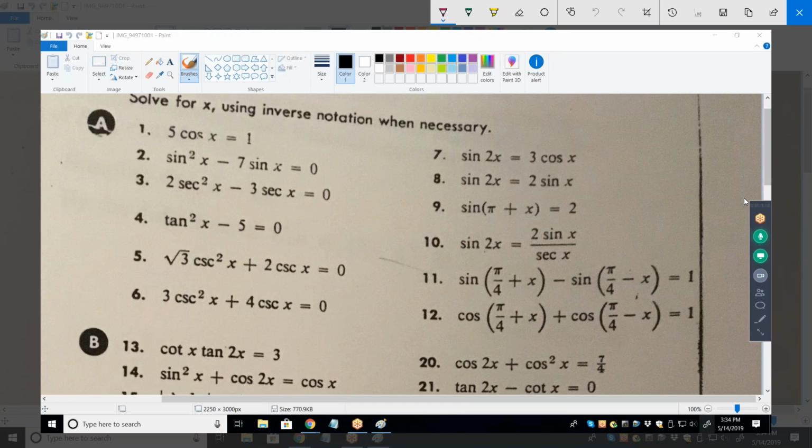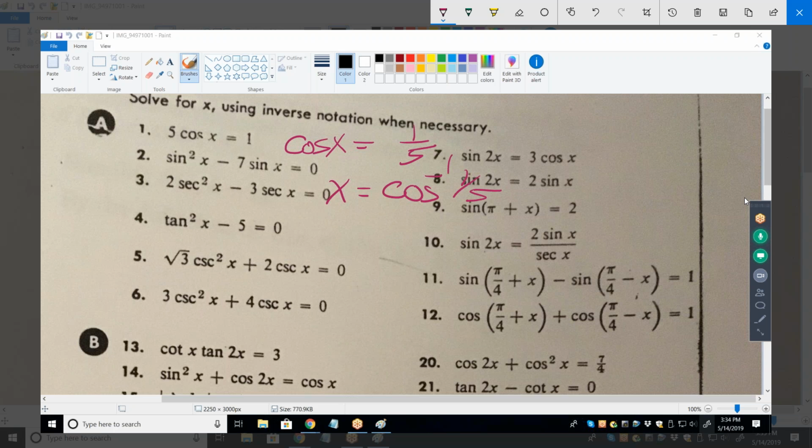I guess, what's the initial step you're going to do here on number 1? Divide by 5. So we have cosine x equals 1/5. So we have the inverse cosine of 1/5. Exactly. So that's around 78 degrees. Okay.